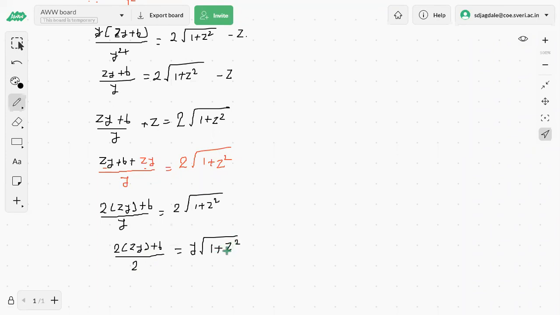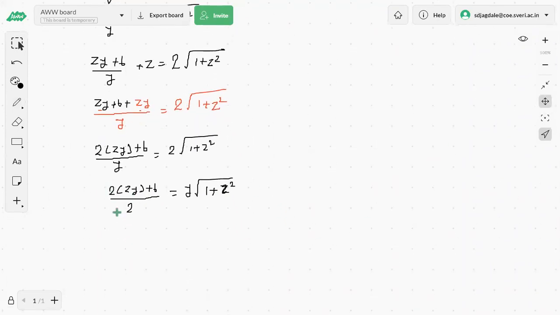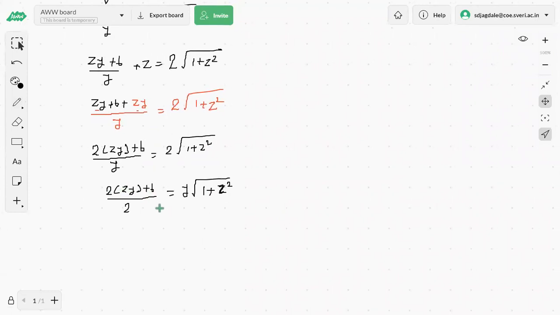Now tell me what is this right hand side and what is this left hand side of the equation? What is the left hand side indicating and what is the right hand side indicating? What is this, y into root of 1 plus z square?